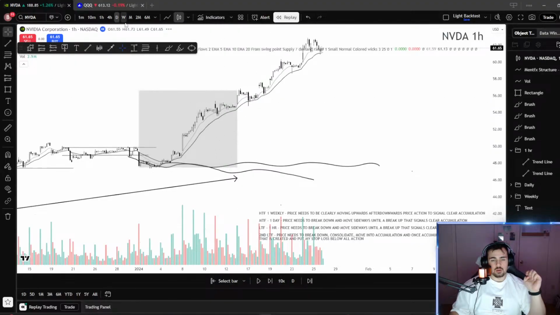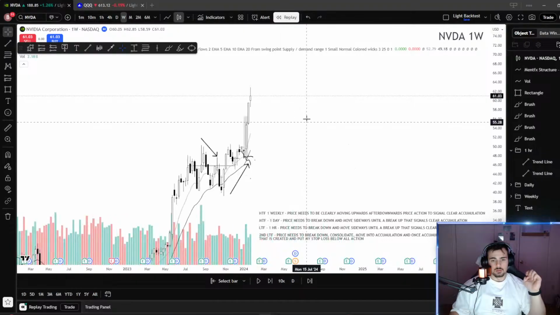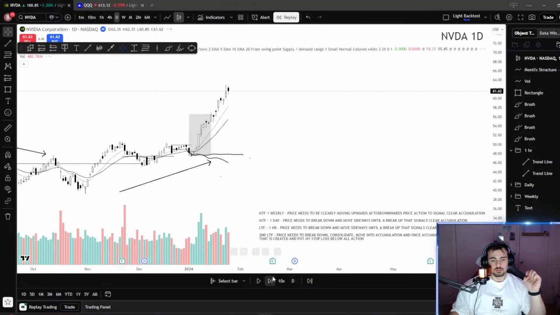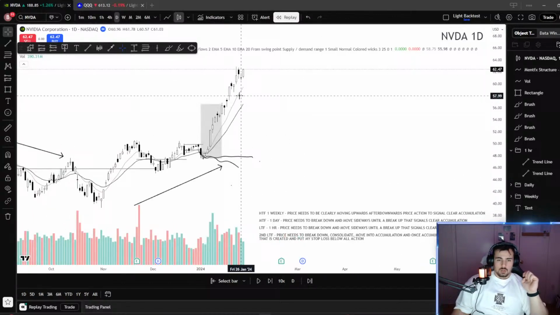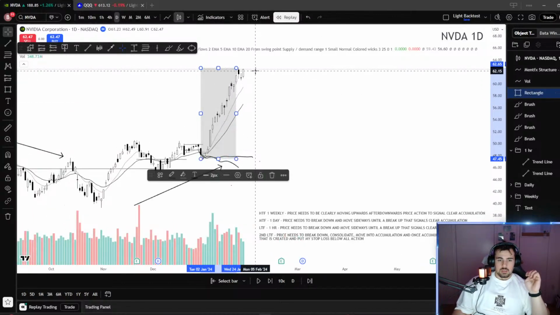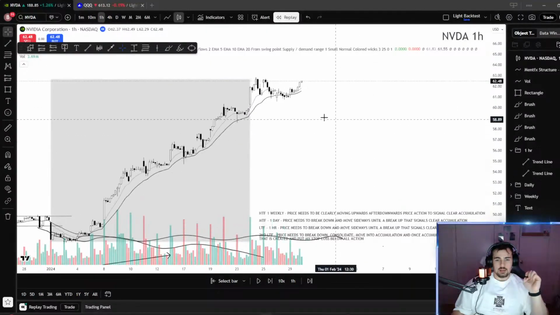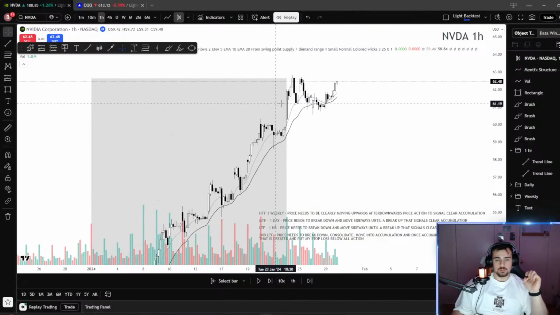Price is creating a crazy run here. Oh, excuse me. And this is the first pullback we get right there.